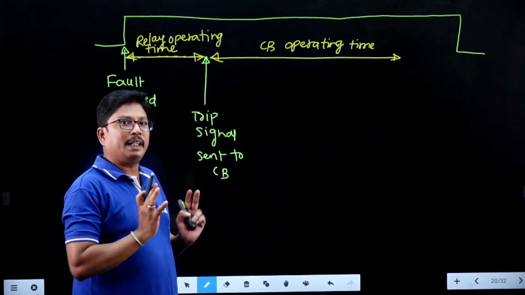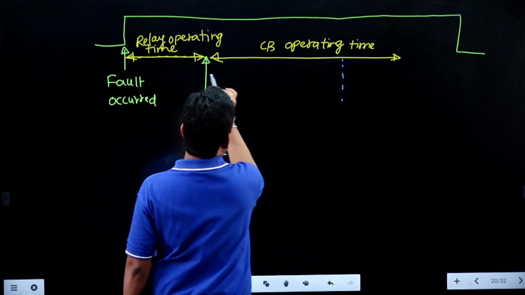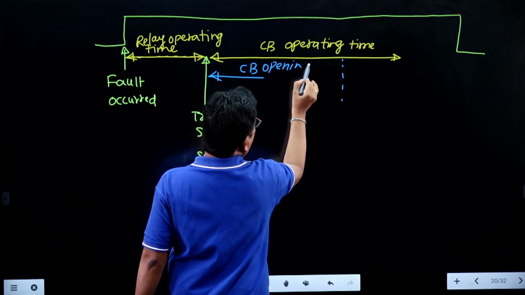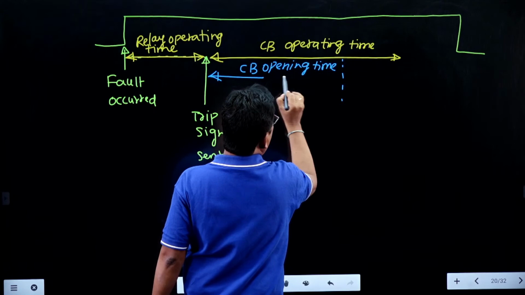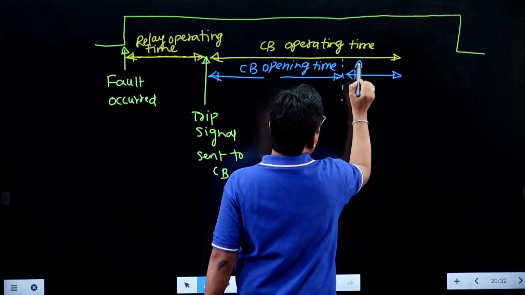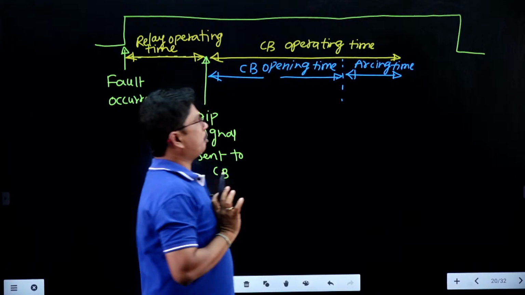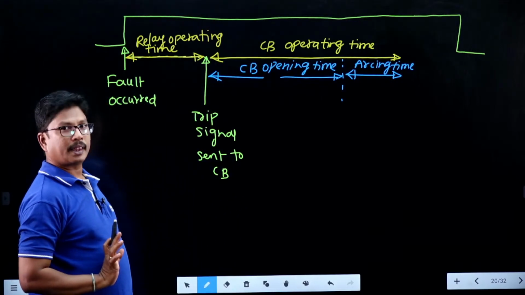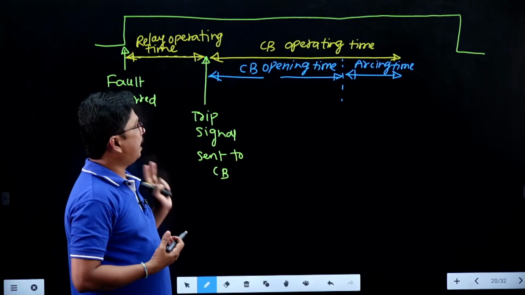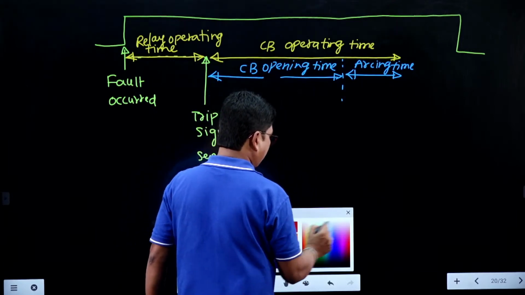CB operating time will be in two parts: the CB opening time and the arcing time. Clear? So here the trip signal is received from the relay, and during the CB opening time, up to here, the relay contacts are completely opened.